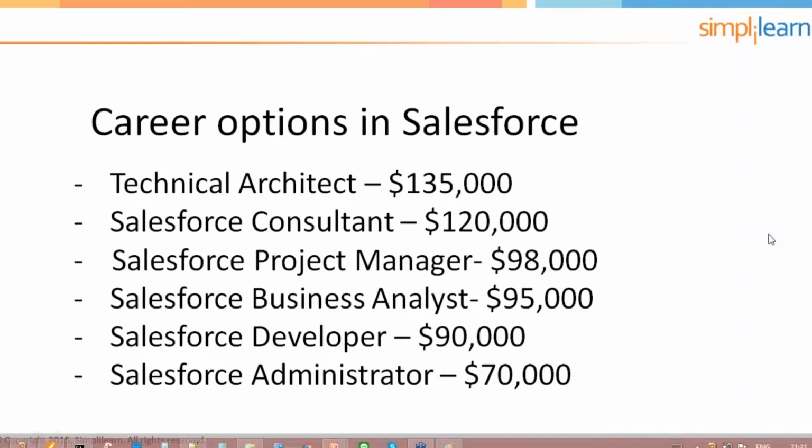Next, the project managers. Anyone in this session who is already working as a project manager, please note you all have a very good chance to convert your career into Salesforce project management.